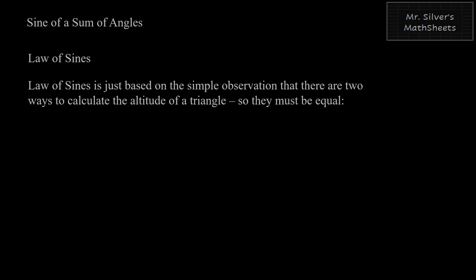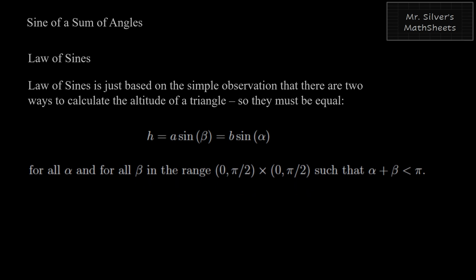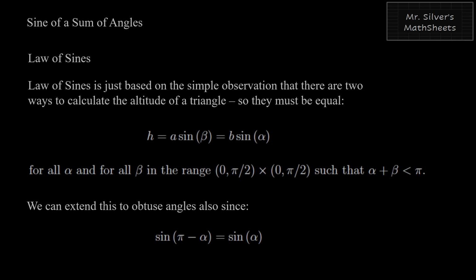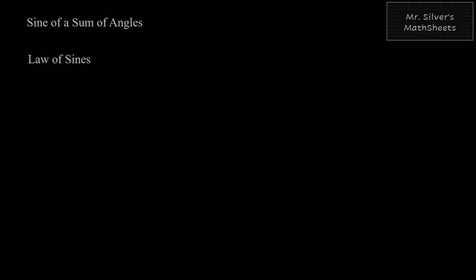So the law of sines is just based on the observation that there are two ways to calculate the altitude of the triangle, so they have to be equal. And that's true for angles that are acute, but it's also true for obtuse angles as well, as we talked about, because sine of pi minus alpha is equal to sine of alpha.